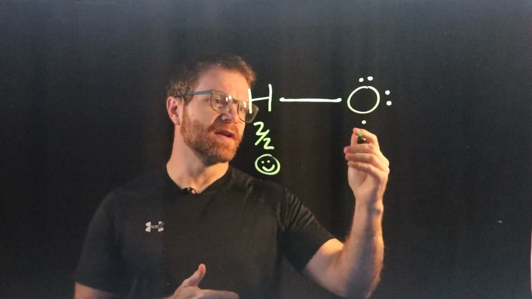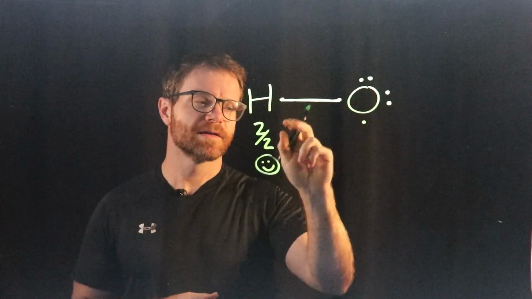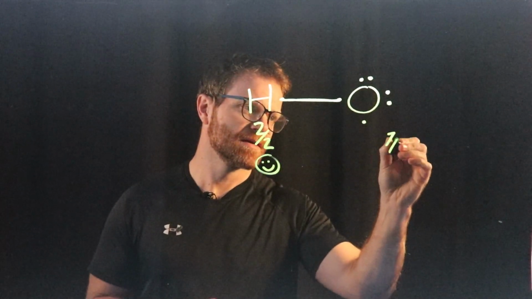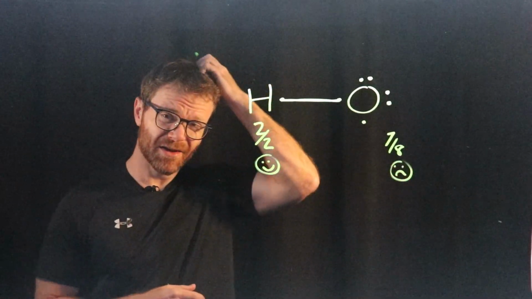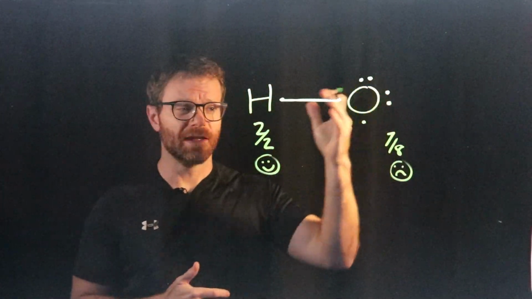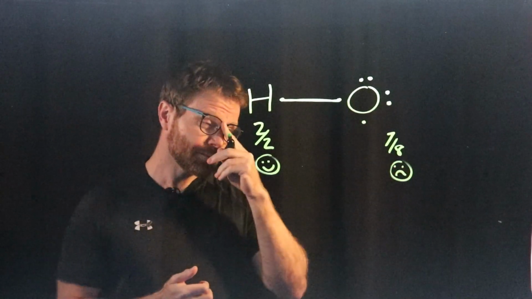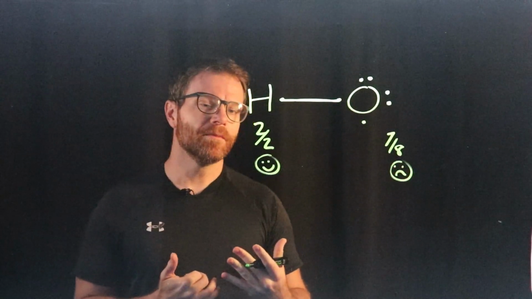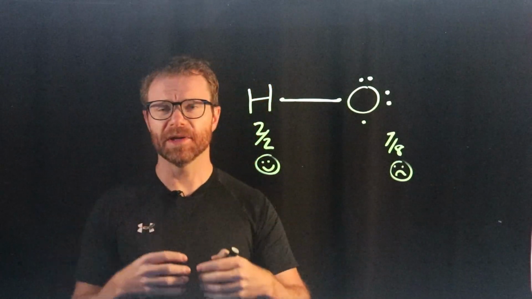Let's look at our oxygen. It has access to 2, 4, 5, 6, 7. 7 out of 8 valence electrons. So oxygen is still unhappy. It started with 6 out of 8. Now it has 7 out of 8. Still not there. Let's give it 1 more hydrogen. Imagine if we have all these oxygens and hydrogens in a big container.